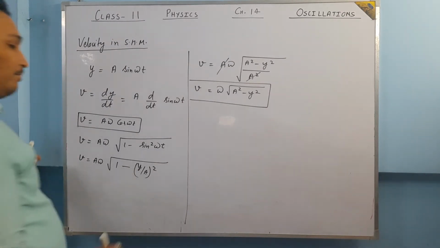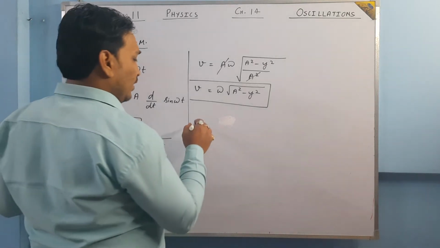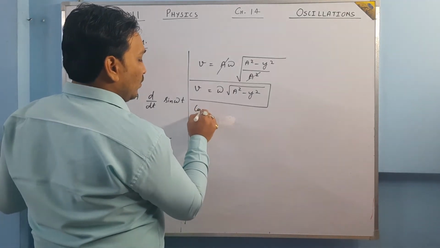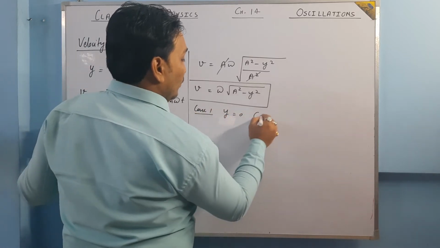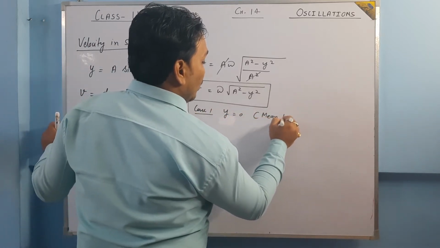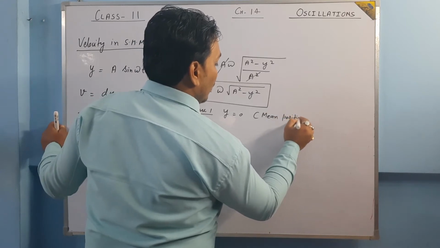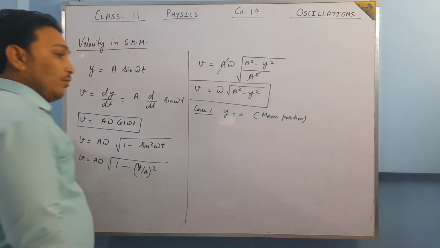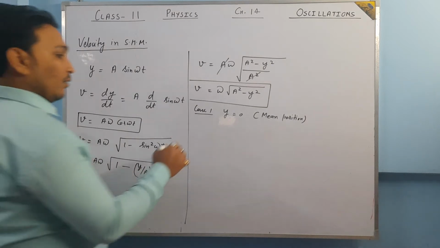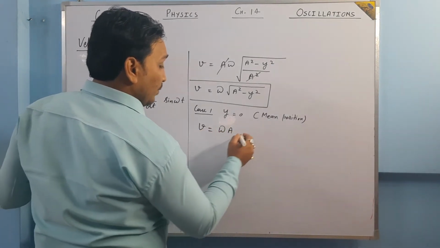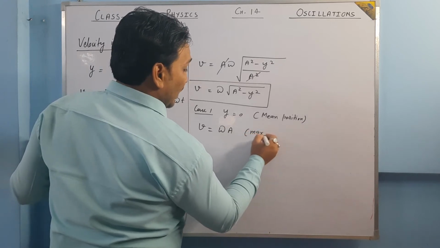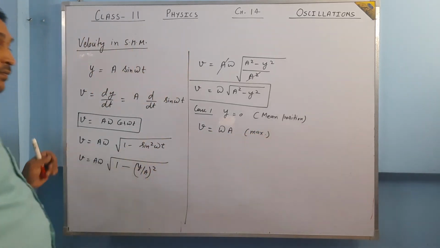Now just see, we have two different cases. Case 1: if y is equal to 0, I am talking about the mean position. So if y is equal to 0 at the mean position, then v comes out to be omega into A, which is basically the maximum value of velocity possible.